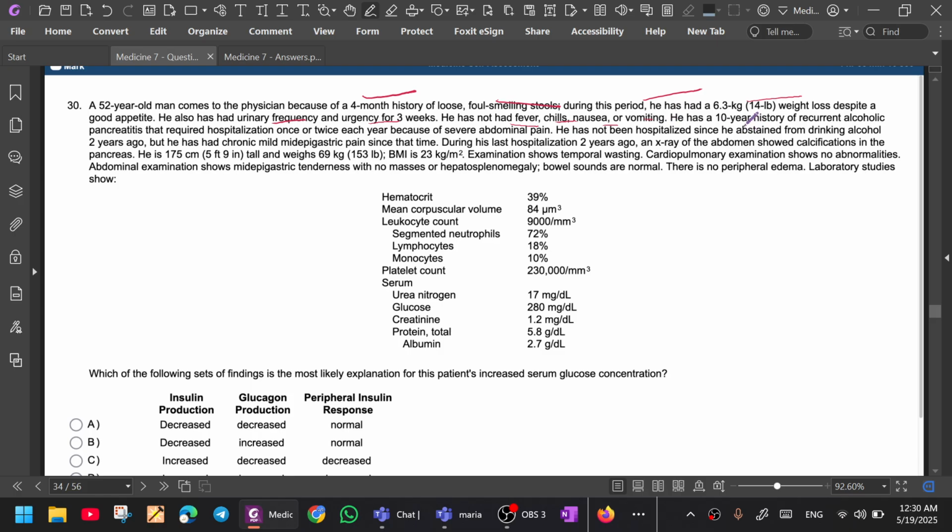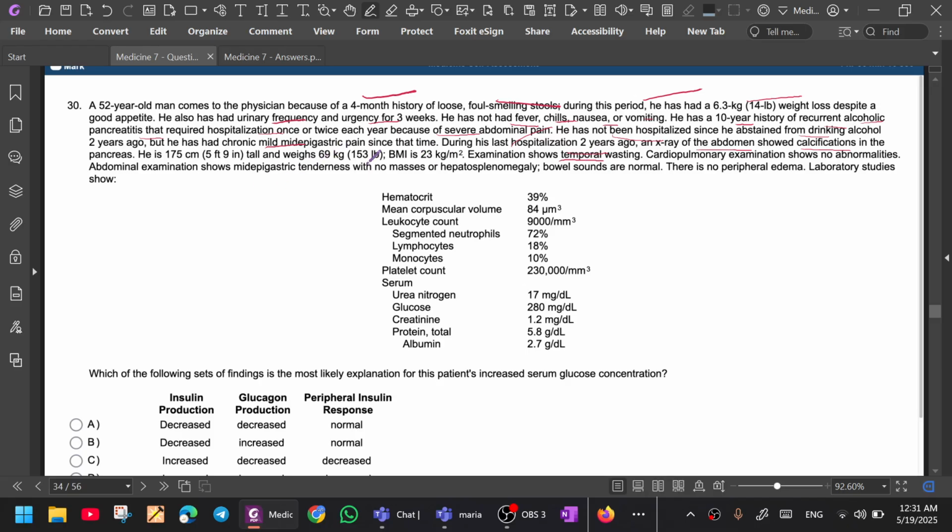He has a 10-year history of recurrent alcoholic pancreatitis that required hospitalization once or twice a year because of severe abdominal pain. He has not been hospitalized since he abstained from alcohol 2 years ago, but he has had chronic mild epigastric pain since that time. During his last hospitalization 2 years ago, X-ray of the abdomen showed calcification in the pancreas.